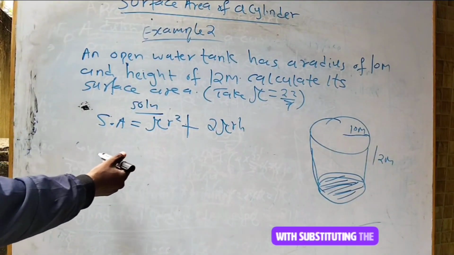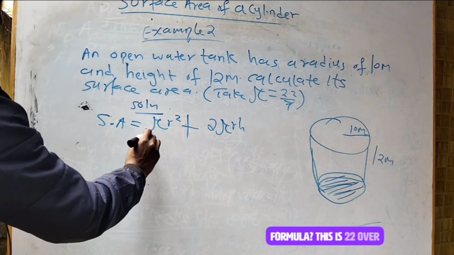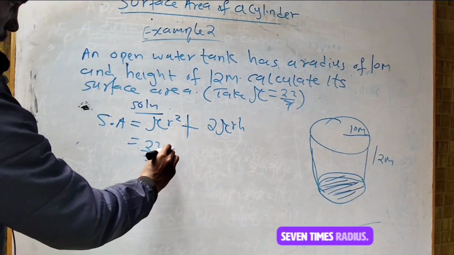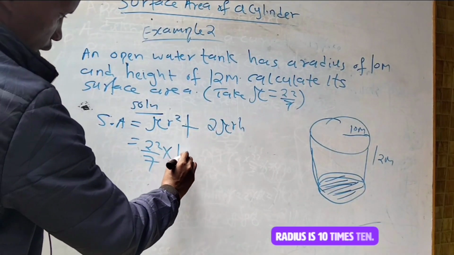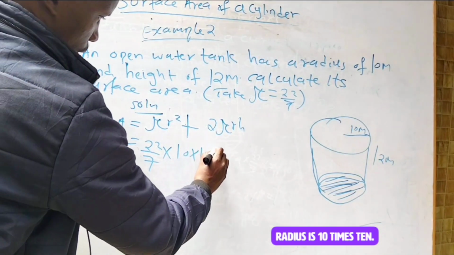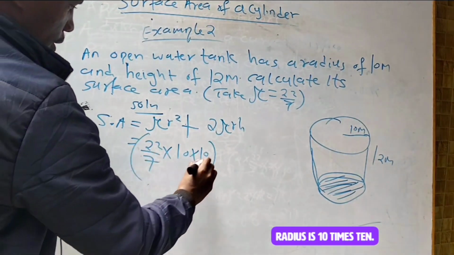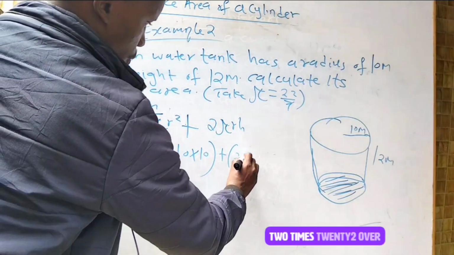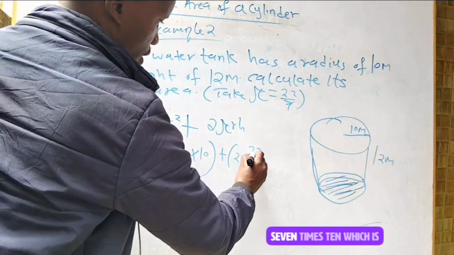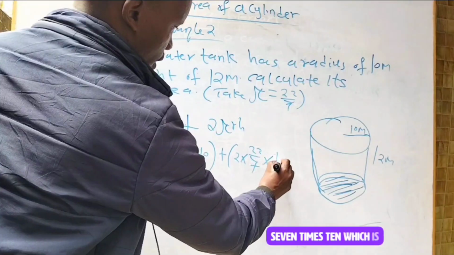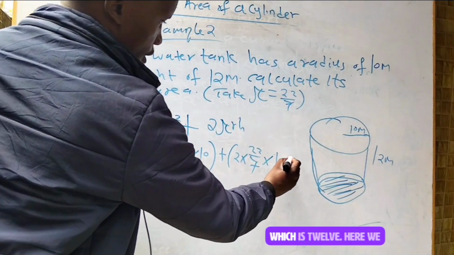What we do, we substitute in the formula. This is 22 over 7 times radius 10 times 10, plus 2 times 22 over 7 times 10, the radius, times 12, the height.